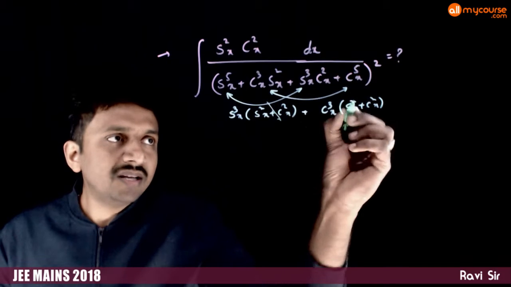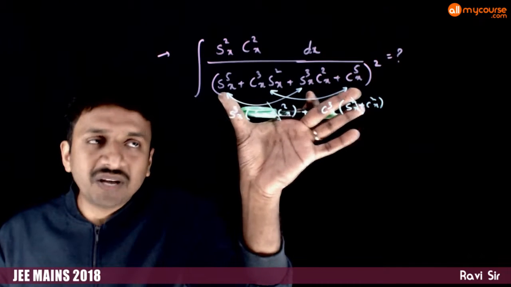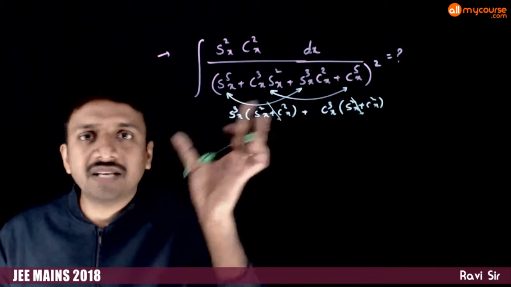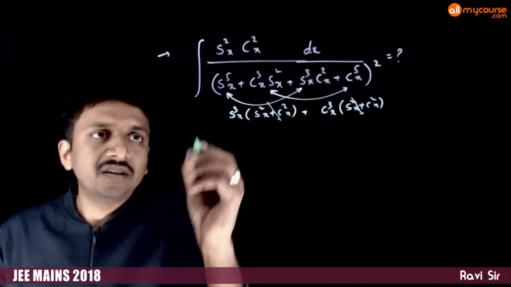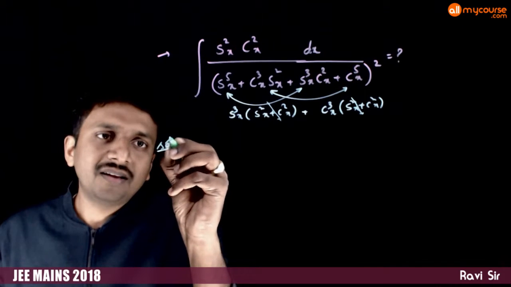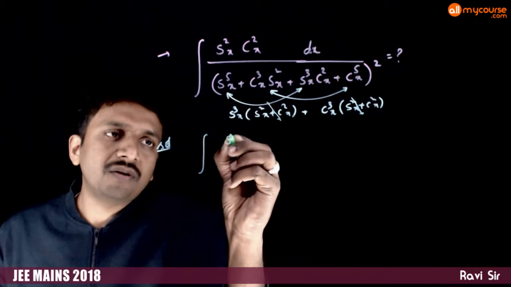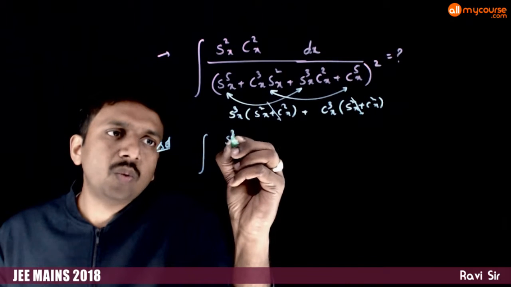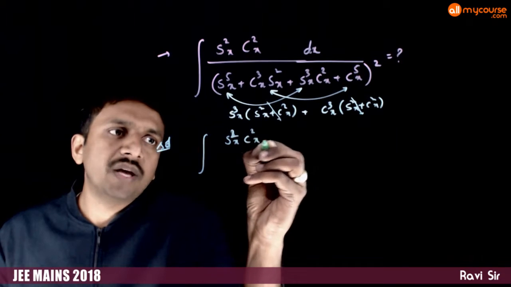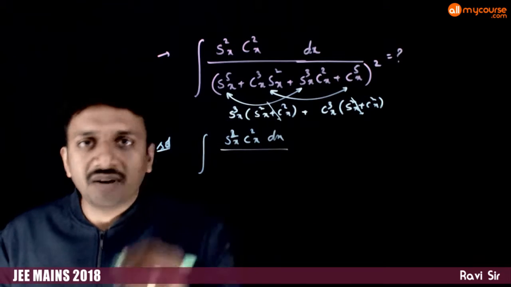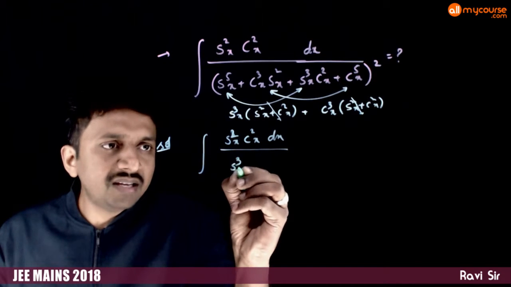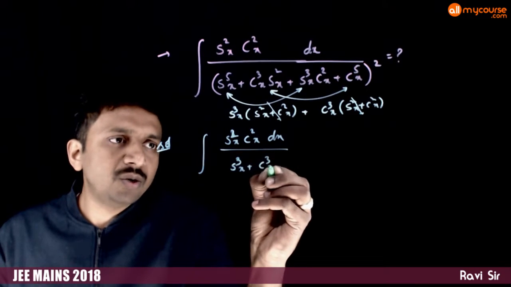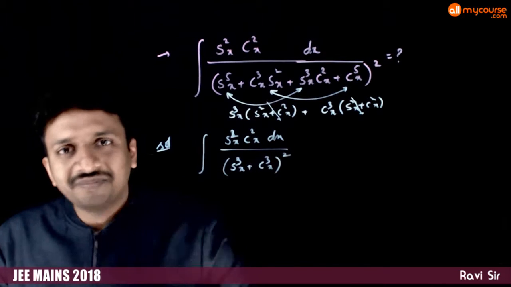So this is 1, this is 1. So this becomes sin³x + cos³x. So this integral becomes the integration of sin²x cos²x dx divided by (sin³x + cos³x) whole square.